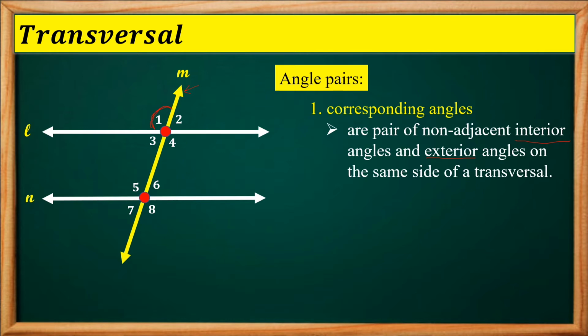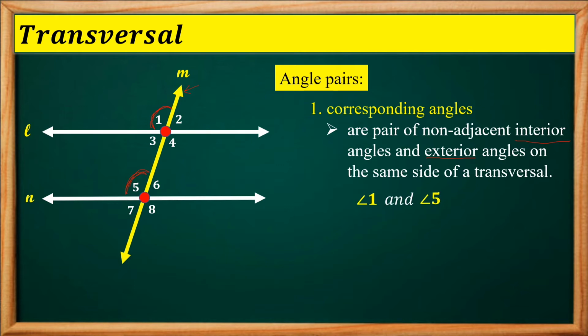Pwede ba si 7? Now, remember, the condition is interior angles and exterior. Ano ba si angle 1, interior or exterior? Angle 1 is exterior, then the partner must be interior. And that is angle 5. Angle 1 and angle 5 are corresponding angles. Pwede natin sabihin, angle 1 corresponds to angle 5.